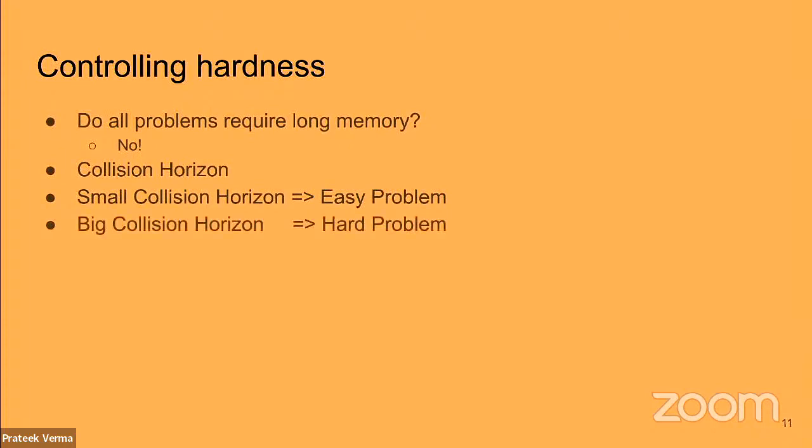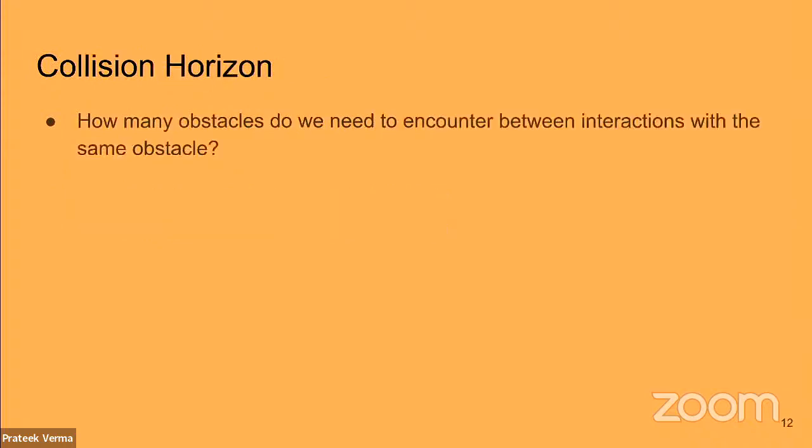When the collision horizon is large, we have a hard problem, and our algorithm isn't going to be able to solve it as efficiently. The basic idea behind the collision horizon is that it's a way of measuring how many obstacles we need to encounter between interactions with the same obstacle. And this ends up driving how much memory we need to have.